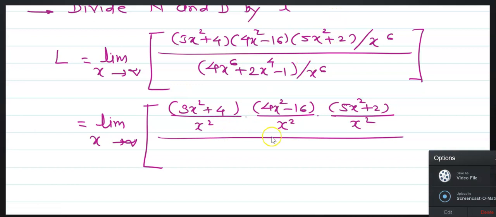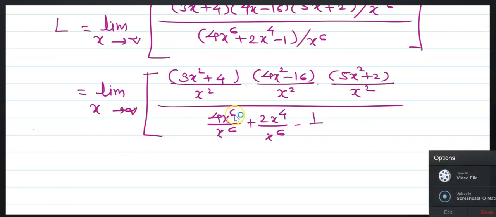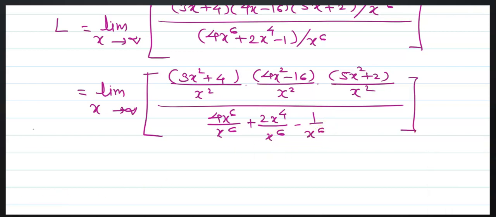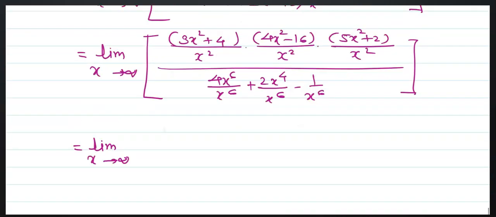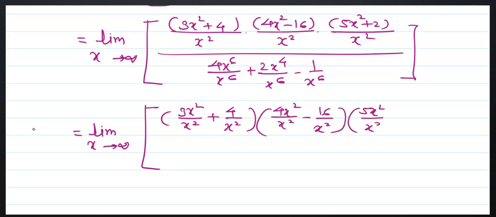That is x² into x² into x², that is x⁶, and to the denominator also, that is 4x⁶ upon x⁶ plus 2x⁴ upon x⁶ minus 1 upon x⁶. Therefore, it becomes now, separate it.